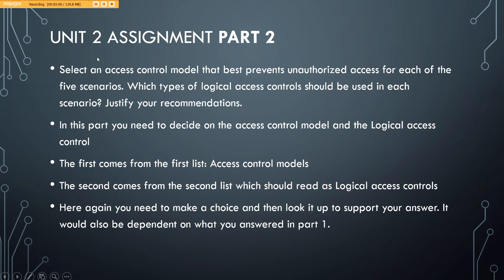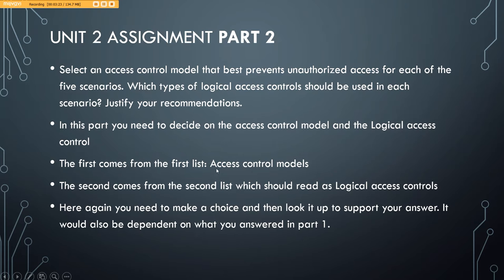So then in Part 2, you're going to select an access control model that best prevents unauthorized access for each of the 5 scenarios. And then what type of logical access controls should be used in each scenario. Justify your recommendations. So in this part, you need to decide on an access control model and a logical access control.